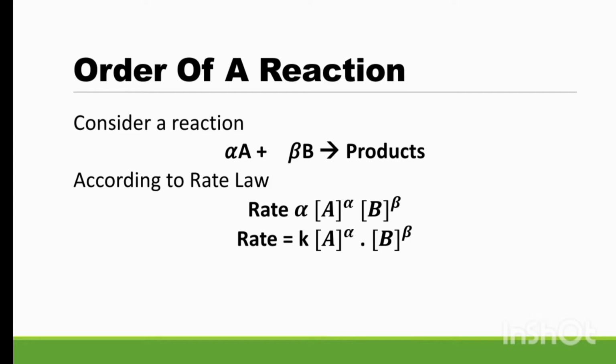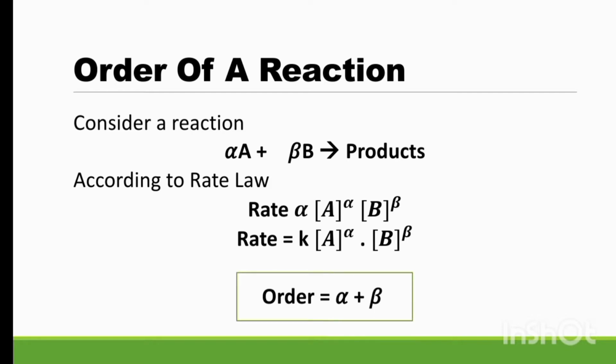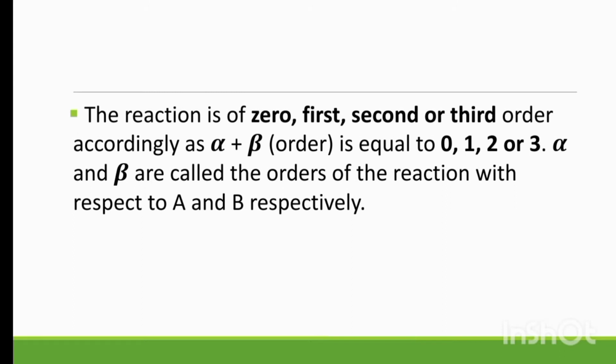In the previous slide, we have seen that the order of a reaction is the sum of the exponents to which the concentration terms are raised to. So we can conclude that order of a reaction is equivalent to alpha plus beta. The reaction is of 0, first, second or third order accordingly as alpha plus beta, that is the order, is equal to 0, 1, 2 or 3.